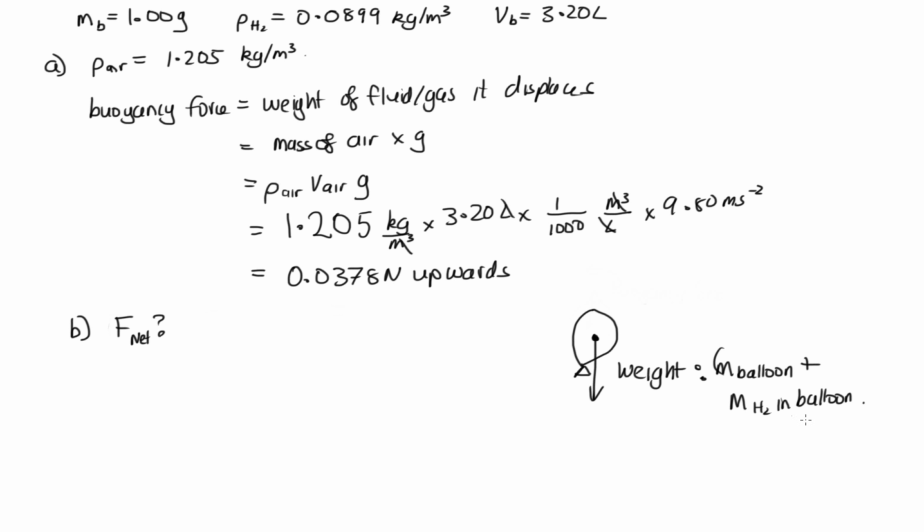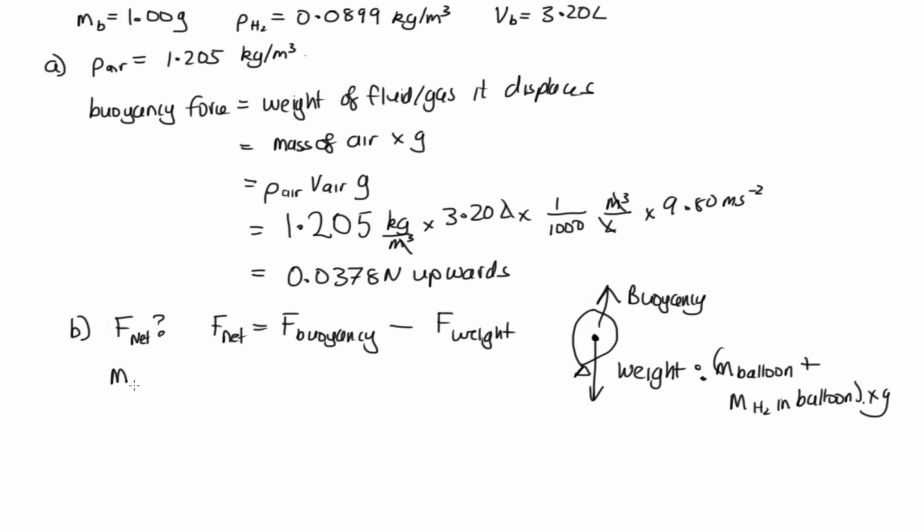And to get it as a force, we'll need to times that by G. And then we've got the buoyancy force, which we've just calculated here, pulling it upwards. So the net force is going to be equal to the buoyancy force minus the weight force.